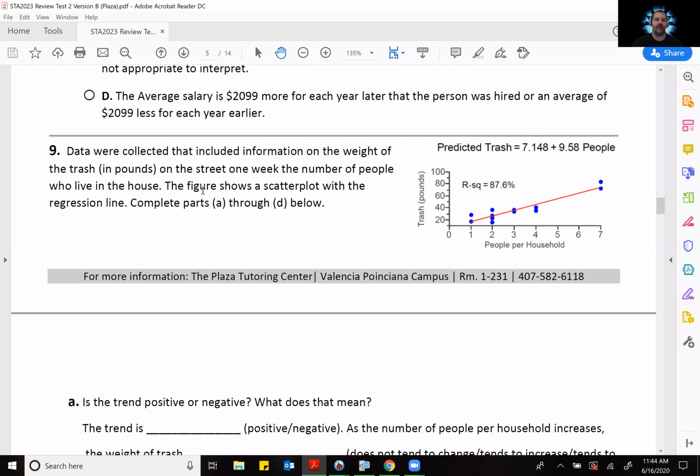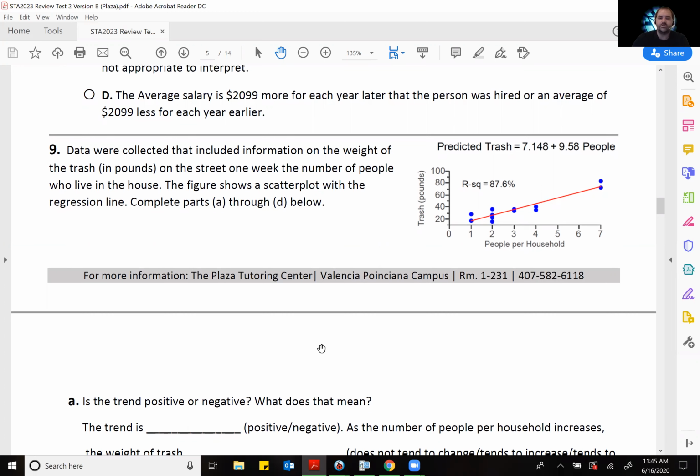Data were collected that included information on the weight of trash in pounds on the street 1 week, compared with the number of people who lived in the house. So we've got our equation here because it's definitely got a little bit of linear action going on.